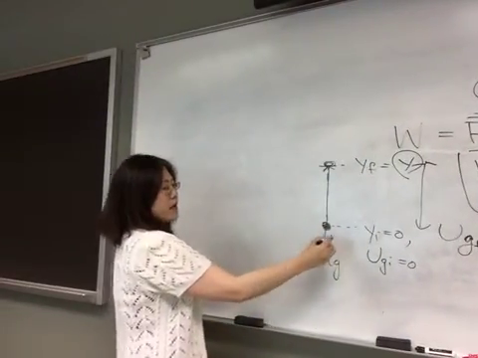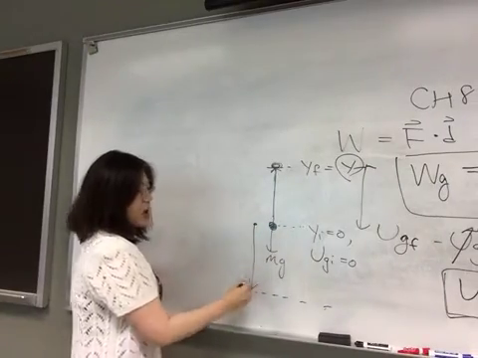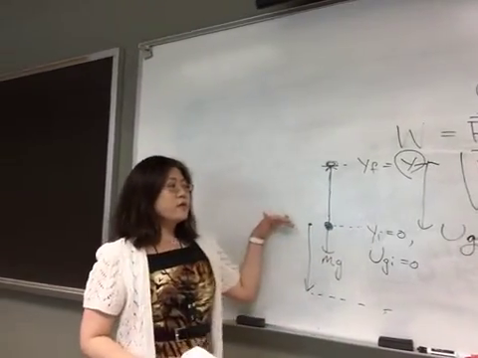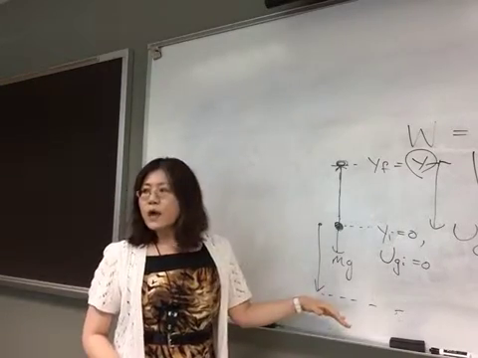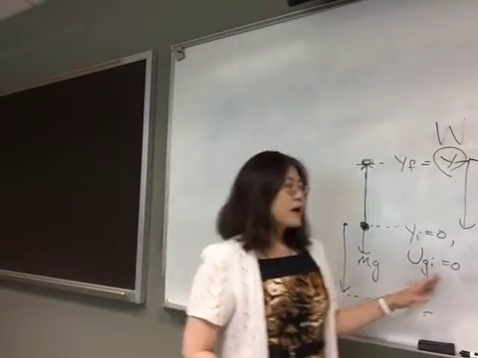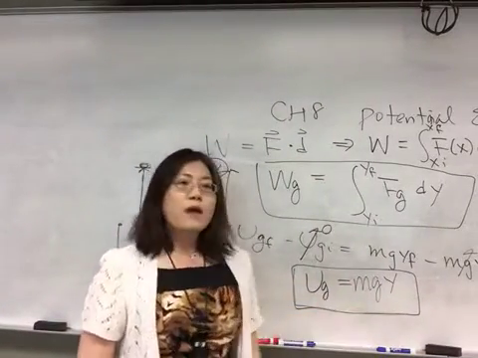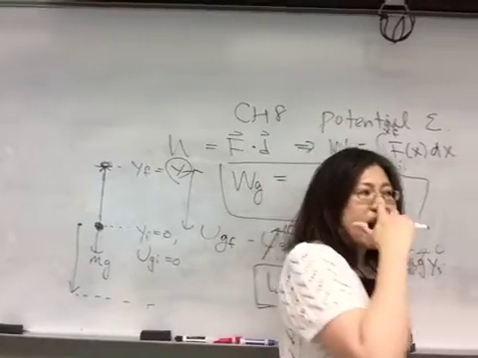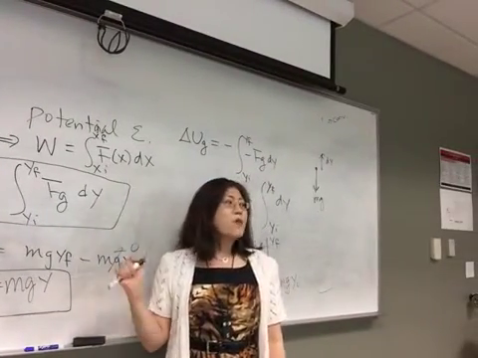If, however, the object is going down, and you still define this to be your 0 reference point, anything below has to be negative. So your y here will be a negative value, and you have a negative gravitational potential energy. What does that mean? It means that potential energy really can be positive or negative.